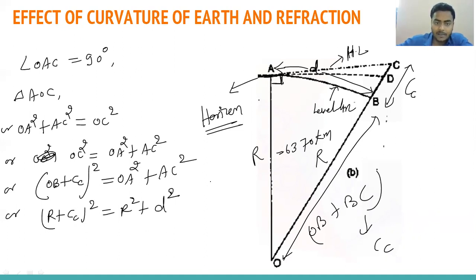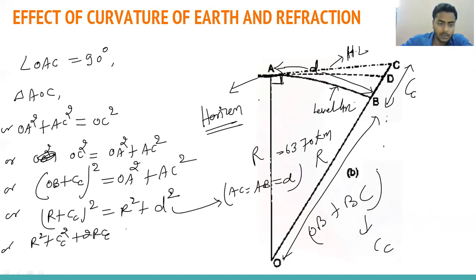So we can write AC is equal to AB is equal to D. So we can write R square plus CC square plus 2R CC is equal to R square plus D square. R square will also be cancelled.